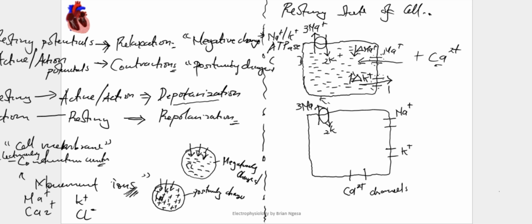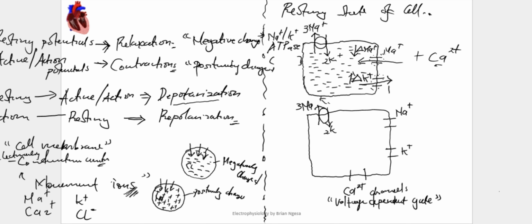So maybe as a reminder, what you need to know about the calcium channels. These are normally voltage dependent gates. So that means they open and close depending on the voltage of the membrane. So for example, when the voltage of the membrane is at -40, they'll open.